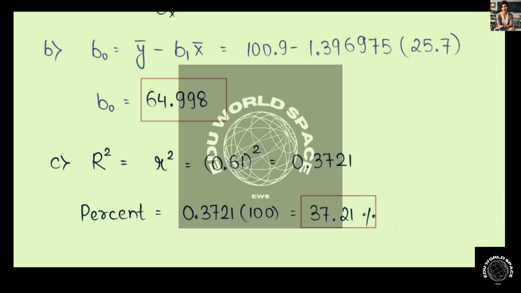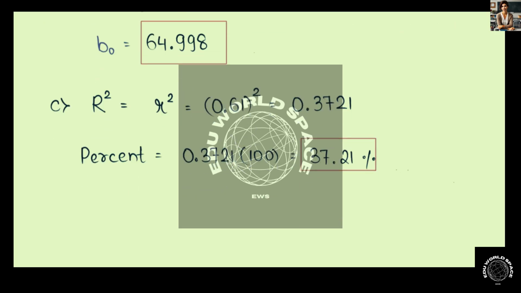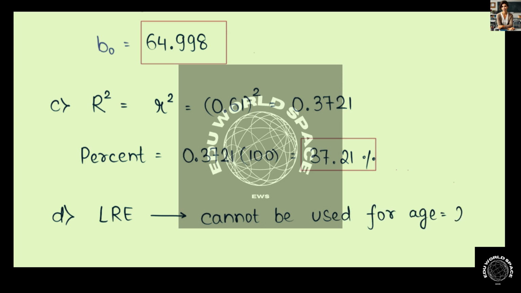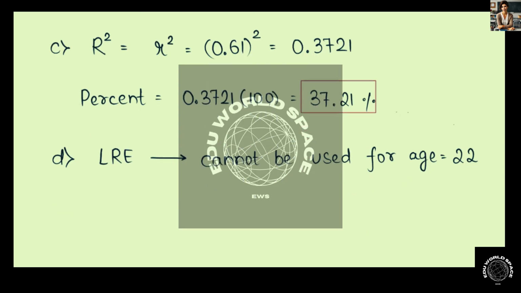So in the fourth part, let us write, it will be here part D, and here we can mention that the linear regression equation cannot be used to predict the number of strikeouts for a player of age 22. So let's write over here cannot be used for age equal to 22, and this is because the range of the ages of the players is between 25 to 34.